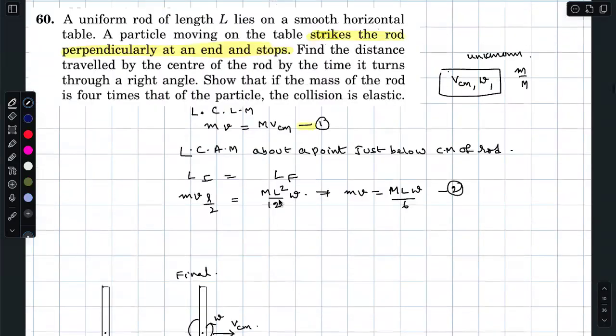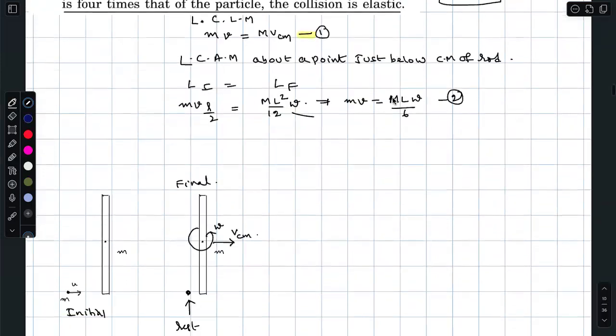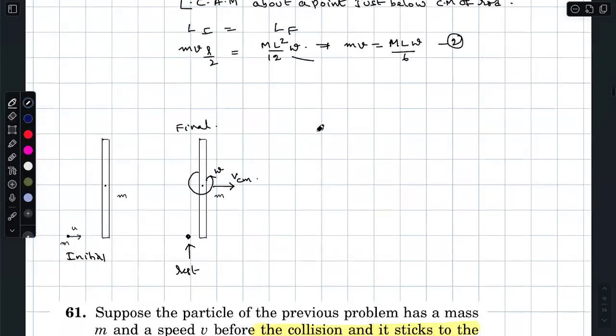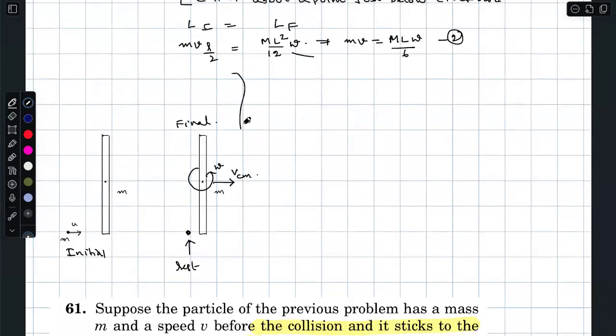Now you said the nature of the collision is, where is that line written? Show that the mass of the rod is 4 times that of the particle, the collision is elastic. So elastic collision means e is equal to 1.